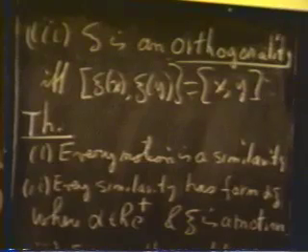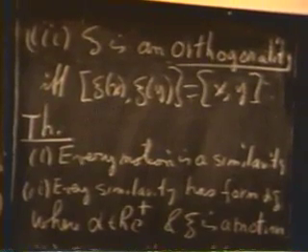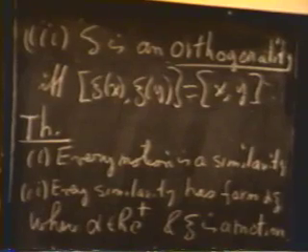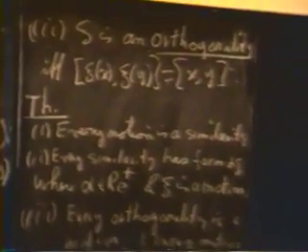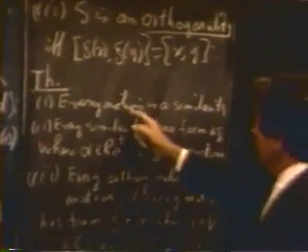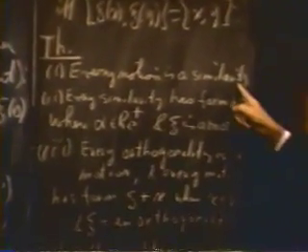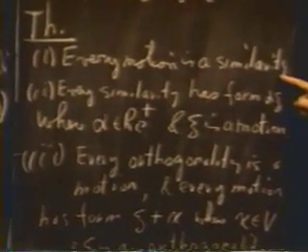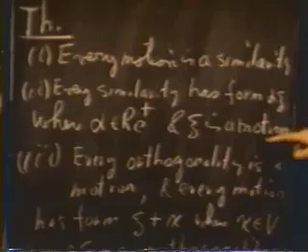And then we have, as a basic theorem relating these concepts of similarities, motions, and orthogonalities, the following. First, every motion is a similarity. Notice, of course, we would expect that, but the other part is interesting too.